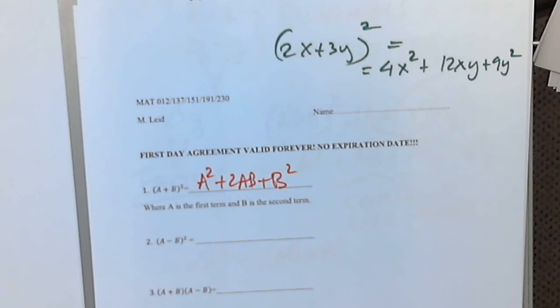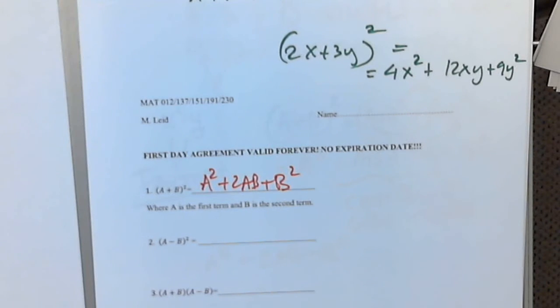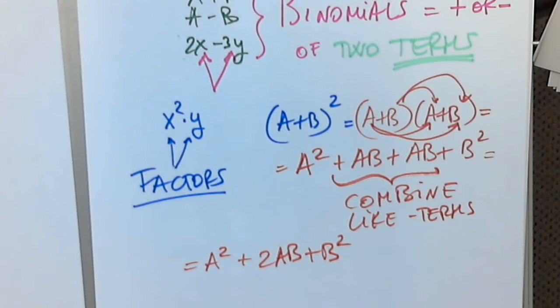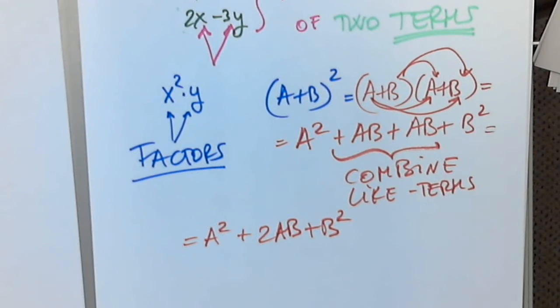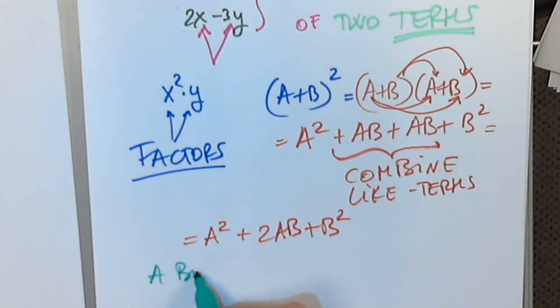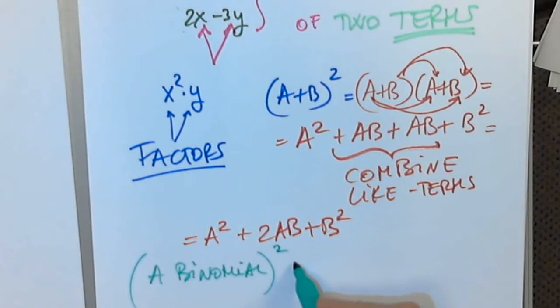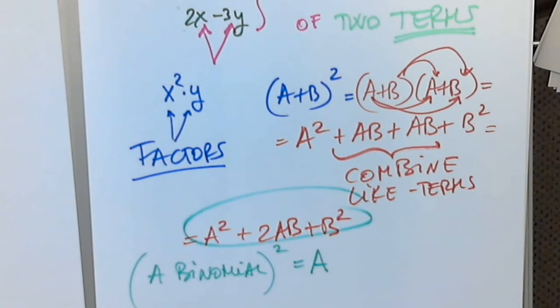Now, two things I would like you to pay attention to. First of all, we understand this, everyone? Yes? Okay, perfect. So here's what I want you to tell me. A binomial, is this a binomial? Okay, a binomial squared is a, what is this?